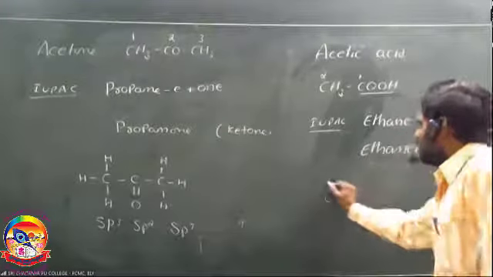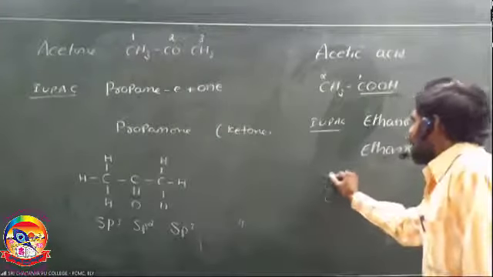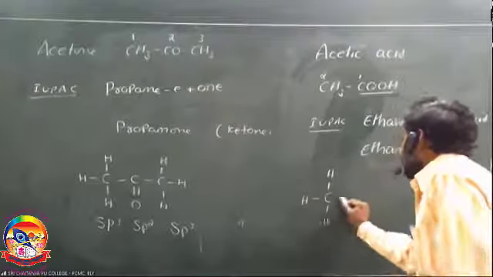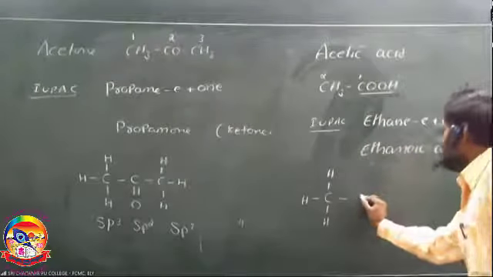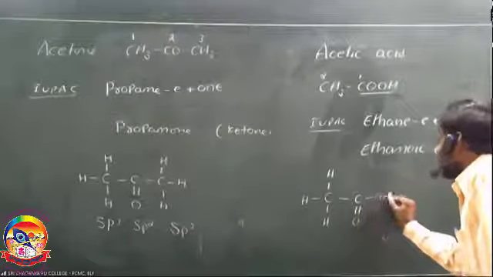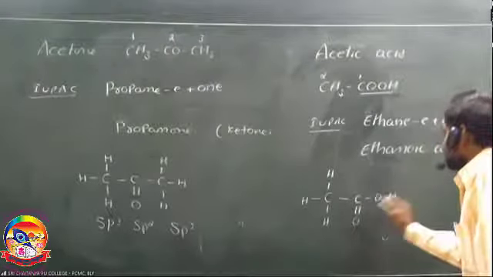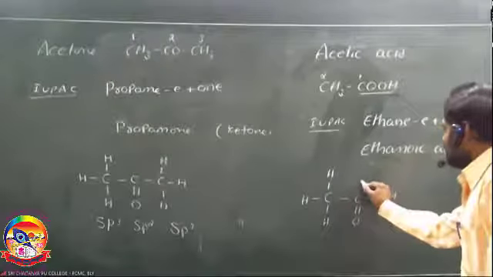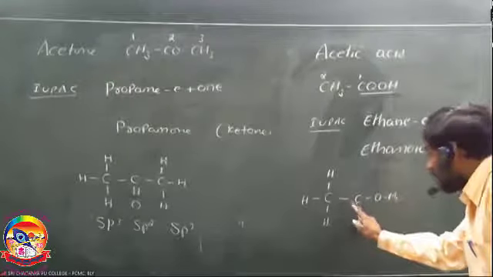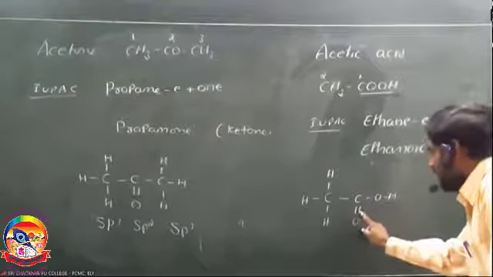Write the structure. CH3, carbon and hydrogen contain single bonds. Next, the carboxylic group: C, double bond O, OH. Let this be the first carbon and this the second carbon. The carboxylic carbon is attached with 1, 2, 3 sigma bonds and 1 pi bond.